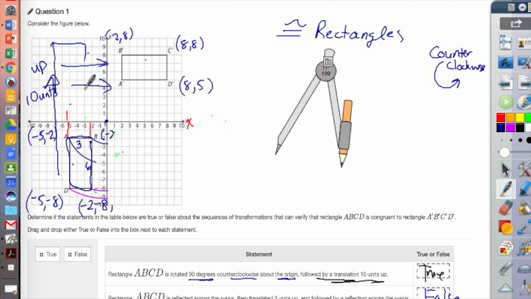Well, it's still going to be in this shape, right? If we reflect it, you're going to end up with a shape like that. That's not going to drop straight on top of the image. So that's going to be false also.